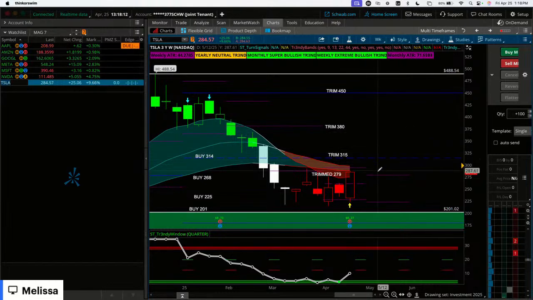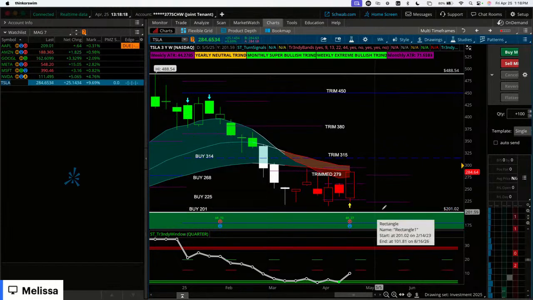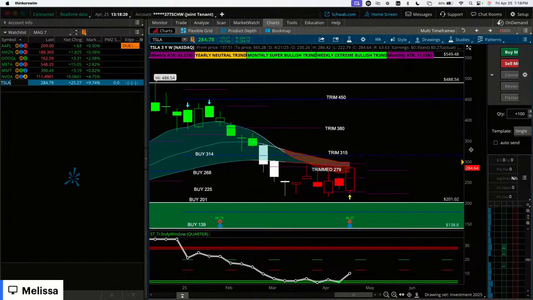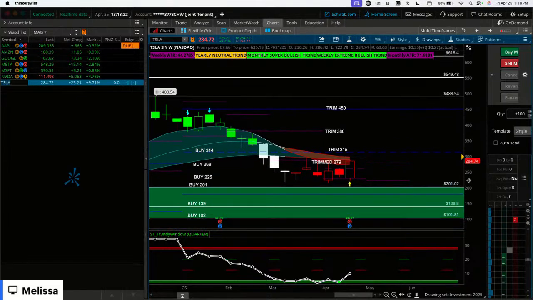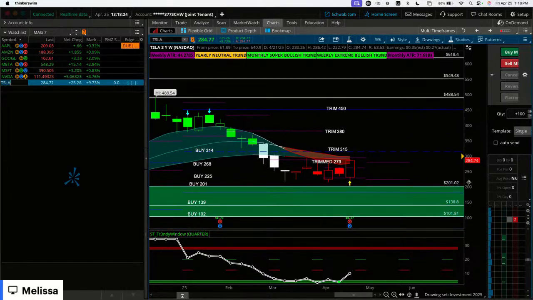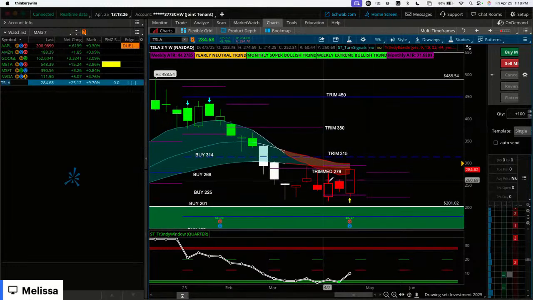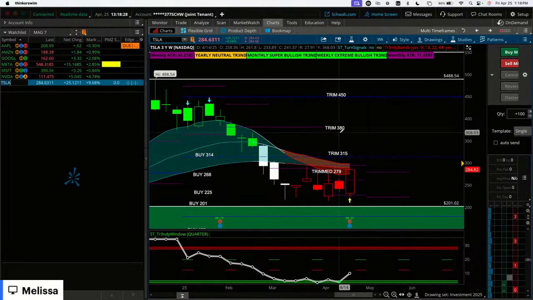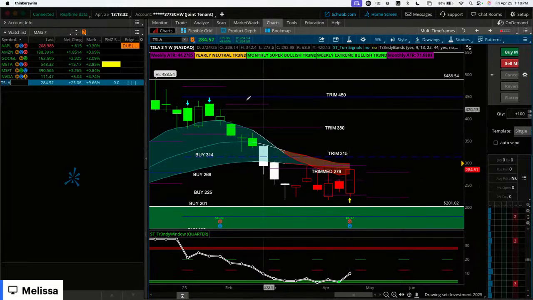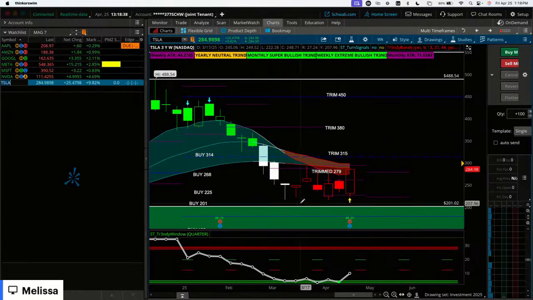In the event that we pull back down to 225, 201, I would be adding back into the position again, at 139 and 102, and trimming on the way back up the same. So just in, out as price falls. For me, I look at that as I am buying Tesla on sale.